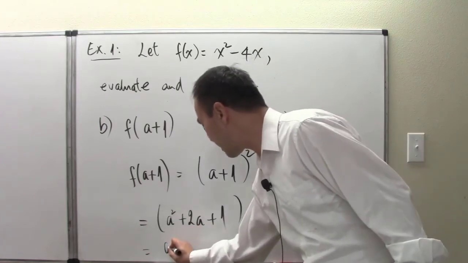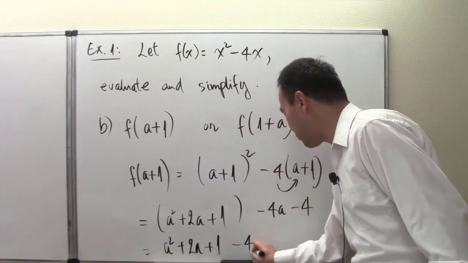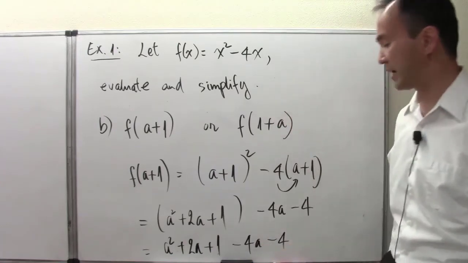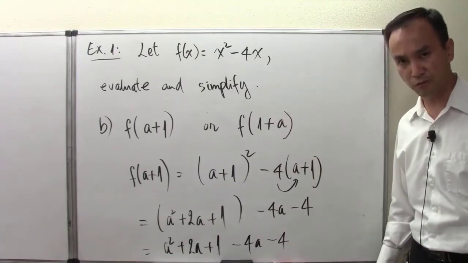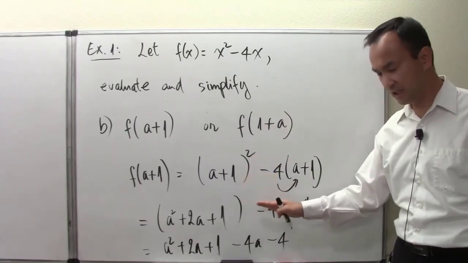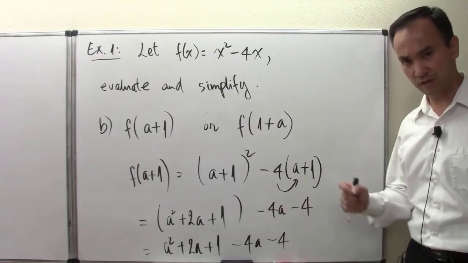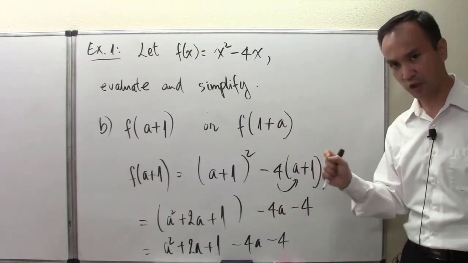So now I'm looking at a squared plus 2a plus 1 minus 4a minus 4. Now we're completely clear from parentheses. You see, I put parentheses here, and then we remove parentheses safely with solid understanding.